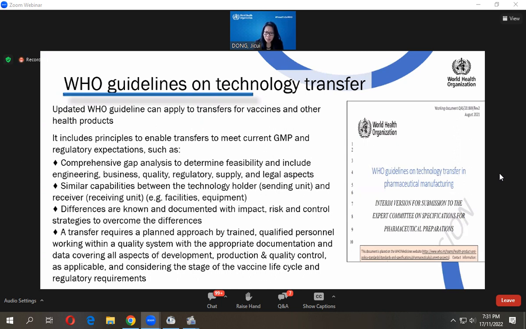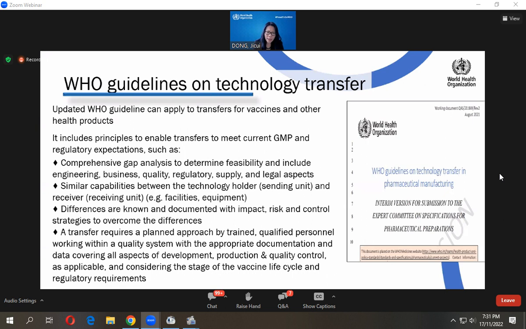So on the facility, equipment, documentation, all these elements required for GMP compliance. And also, I mentioned the differences: when you find a difference, all this you need to have very well documented with impact and risk. What impact can this difference trigger? And control strategies to overcome the difference.